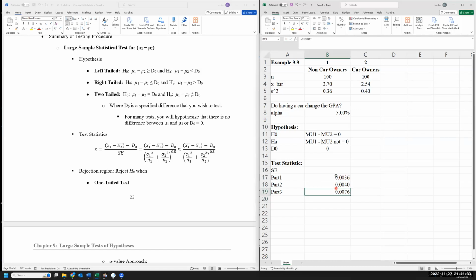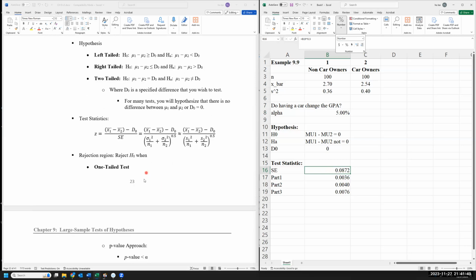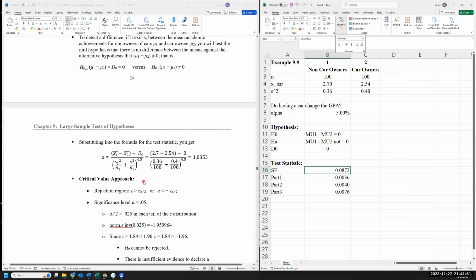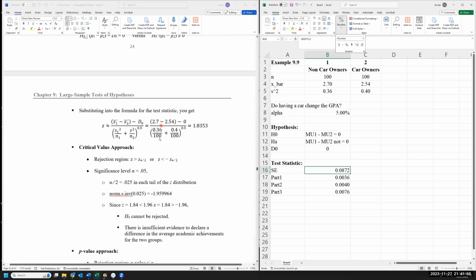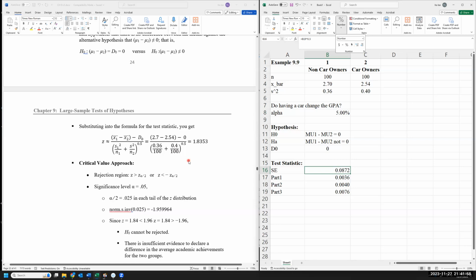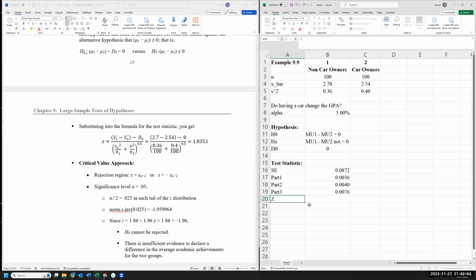And then the standard error is part 3 to the 0.5, or you square root it. Ooh, that's a big number, I guess. And there it is. Let's see if we did this correctly in the solutions part. Oh, well, I didn't even calculate it. Okay, well, we'll figure it out when we calculate the z-score or the test statistic.